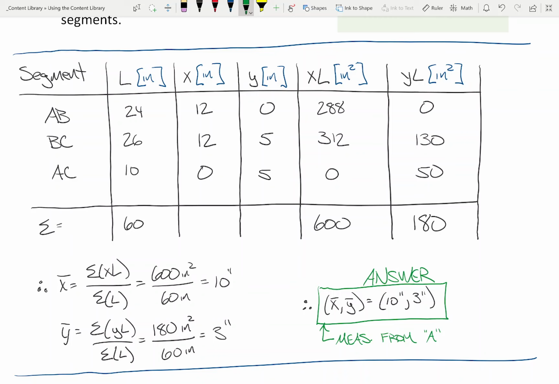Because with magnitude and direction, the analogy here is that the coordinates of the location of the centroid don't really matter if I don't know where they're measured from, if that makes sense.